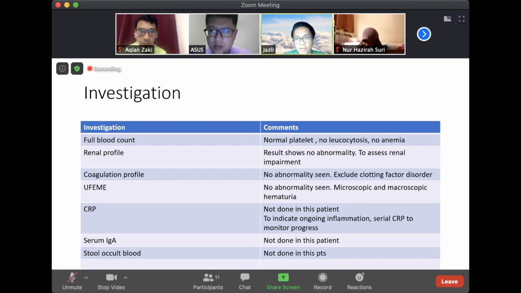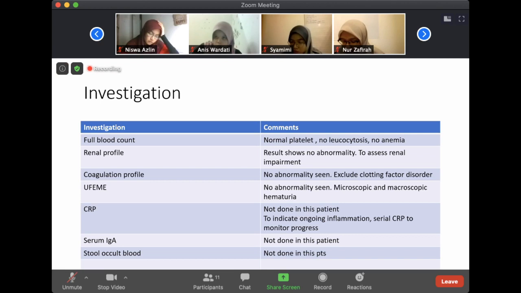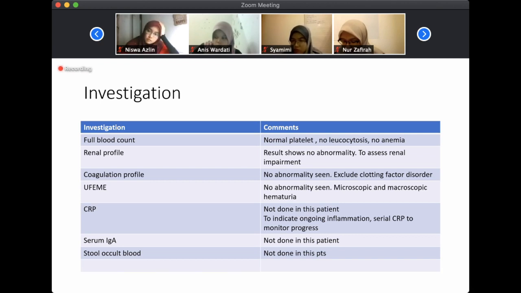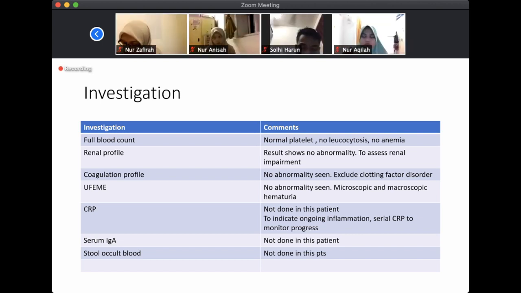So I would like to see if the patient has anemia, or if the patient is febrile, which could suggest leukocytosis, and anemic. Whereas in ITP, the patient usually is not jaundiced.